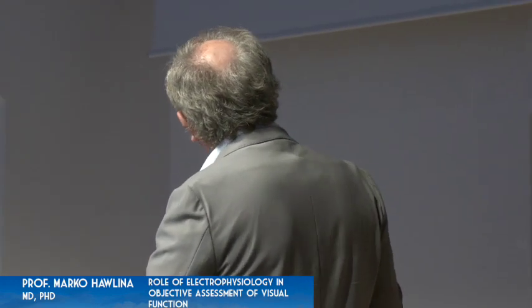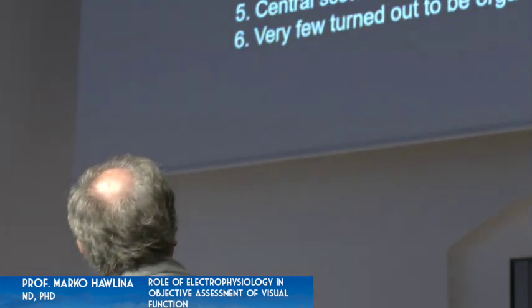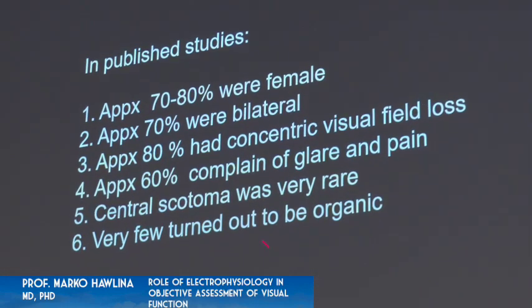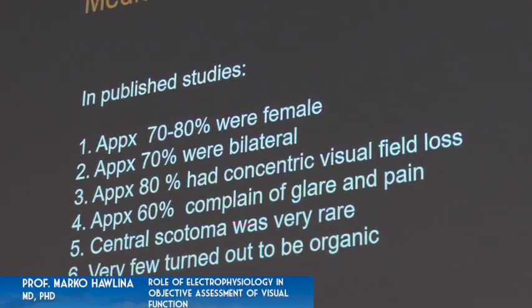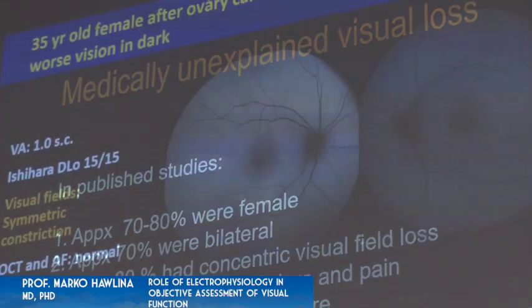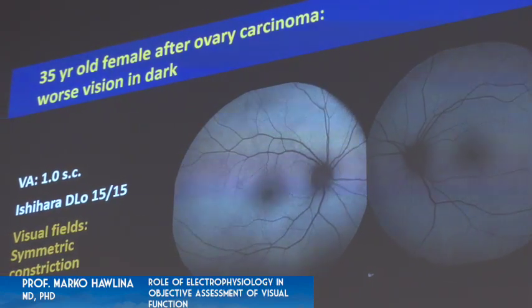According to the studies, these are usually female patients, bilateral. 80% have concentric visual loss usually. About 60% complain of glare and pain, and scotoma is very rare, and very few actually turn out to be organic. But if you don't have electrophysiology, you can't really rule out that it is organic.